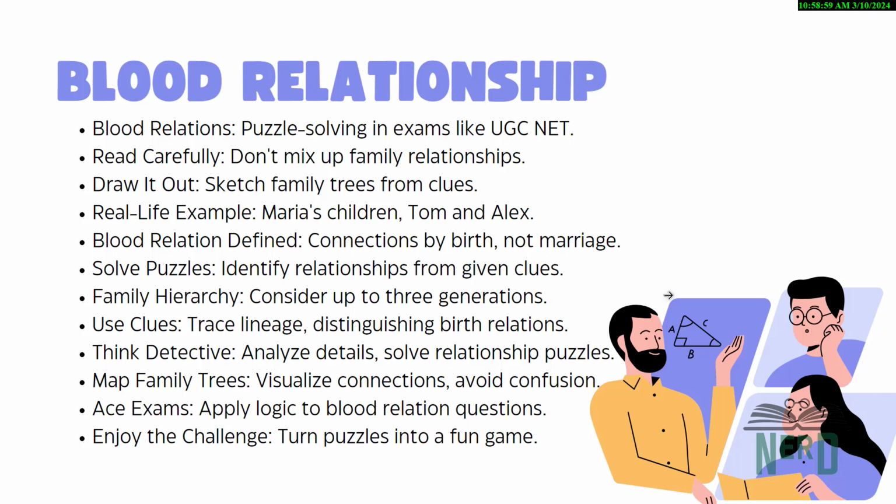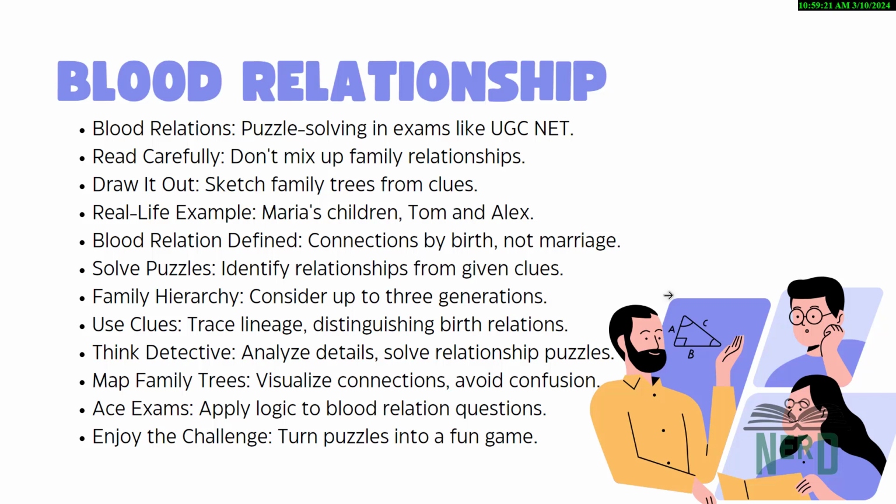And most importantly, remember that families can span generations, like having your grandparents, parents, and kids all in one picture. In these puzzles, you might need to think about relationships across up to three generations above you, like great-grandparents, and three below you, like grandchildren.